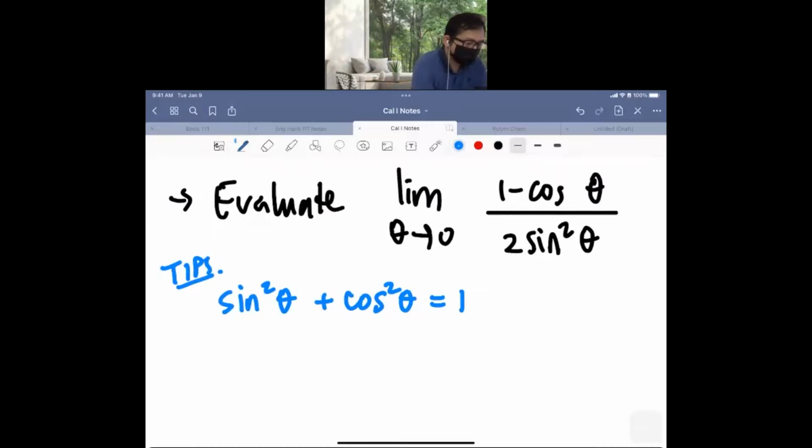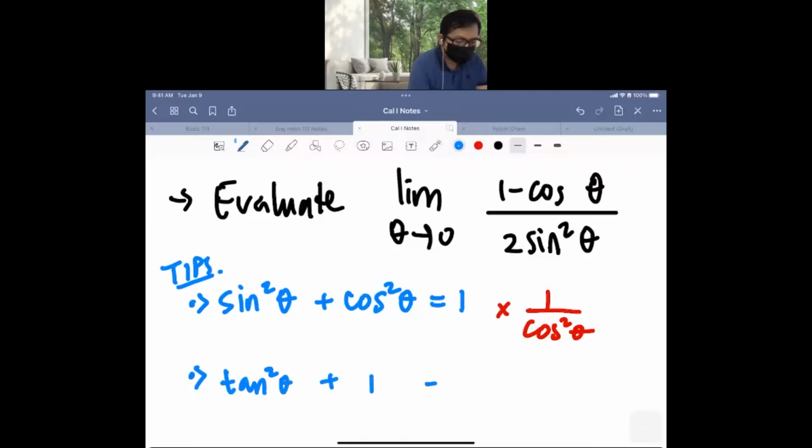So these are tips. The first one is this. The second one, let's multiply with 1 over cosine squared. This will be tangent. Okay, the second one is that.